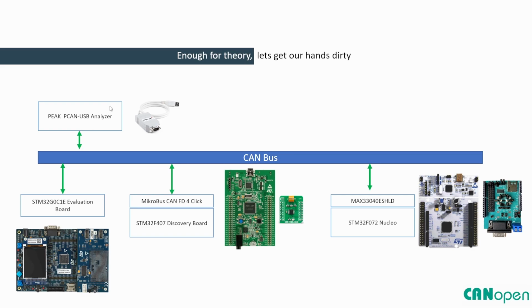For this tutorial, I'm using a PCAN USB analyzer, which shows us the CAN messages. Then I'm using CANOpen Magic software, a commercial product, which shows us the packets that are going through and interprets them for us, so we know what's going on there. So that's about the things that I'm using.